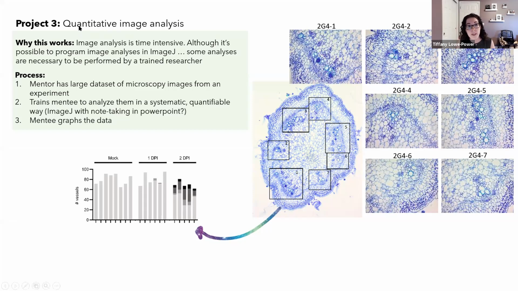For groups that produce a lot of microscopy images, sometimes there are ways to quantify that microscopy into more detailed information than just qualitative images that are put into papers. And so you might be able to get a large data set shared with you via a box.com folder, and then have your mentors train you in how to look at these images and then classify them by different groupings.